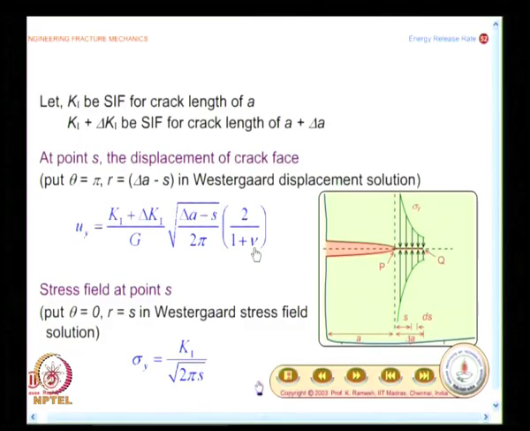Now, you have to look at what is the force. You have to first write the value of sigma y, which is nothing but K1 by root of 2 pi s. That is very simple and straightforward. That comes directly from your Westergaard solution.